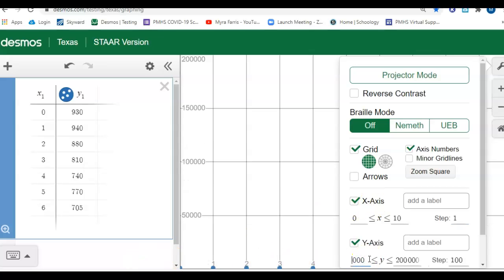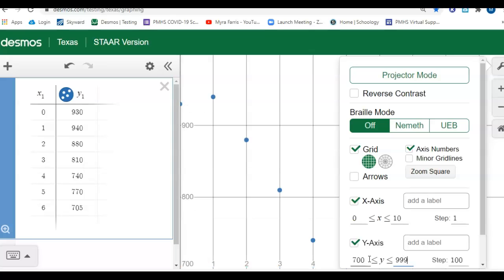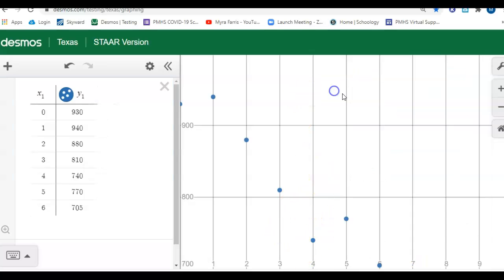My Y values go from, the lowest one is 705, so I might want to go to 700, and the top one goes to 900 and something, so I might want to go to 999. And now can I see my data points?